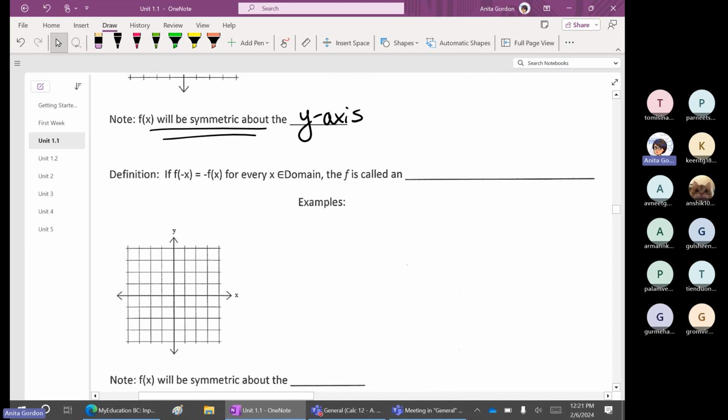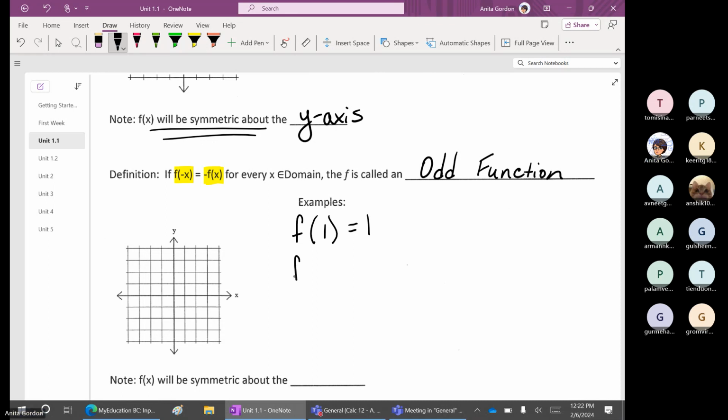All right, the next part is looking at an odd function. An odd function, my best way to describe it is like opposites, where when we put in the value of negative x versus positive x, the y values have the opposite sign, but the same value. So for example, if f of 1 equals 1, then f of -1 should equal -1.